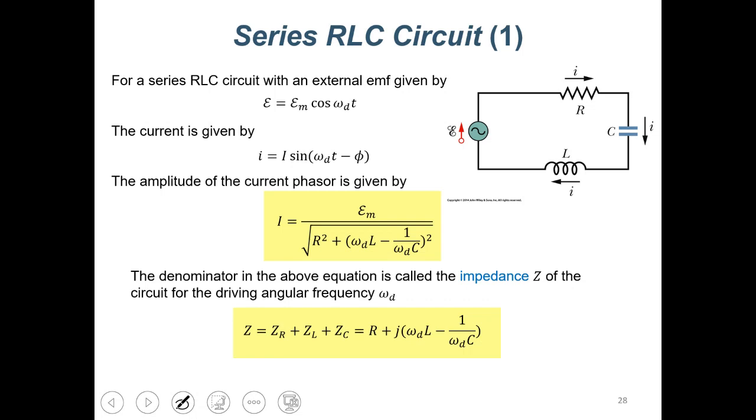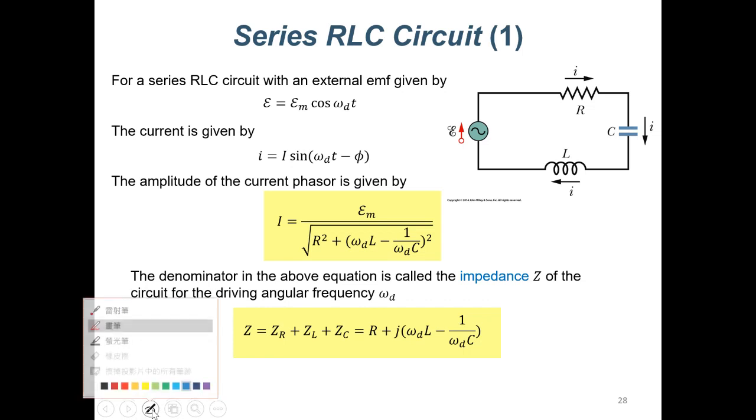After talking about the single R, single L, single C circuits, we talk about the series RLC circuit, considering the phasor. In this case, the AC source is in series with the series RLC, like this.